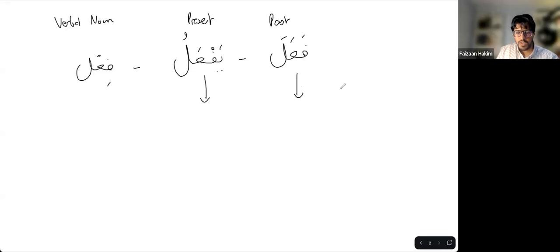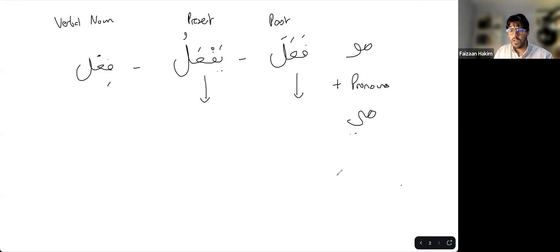We can conjugate these with the pronouns, right? Like this is huwa fa'ala. So here, fa'alat, taf'alu, and so on and so forth. I won't go into that now.